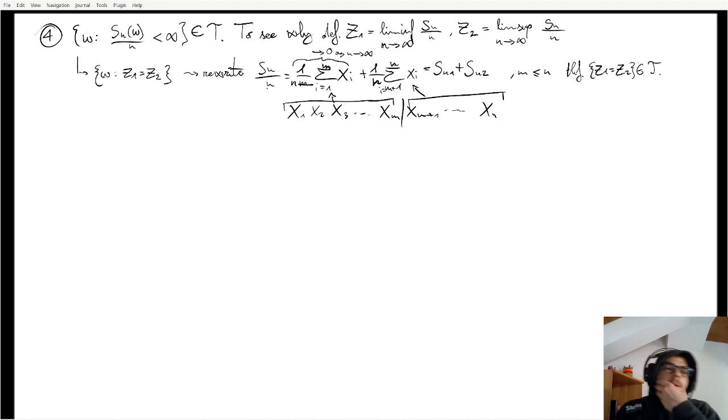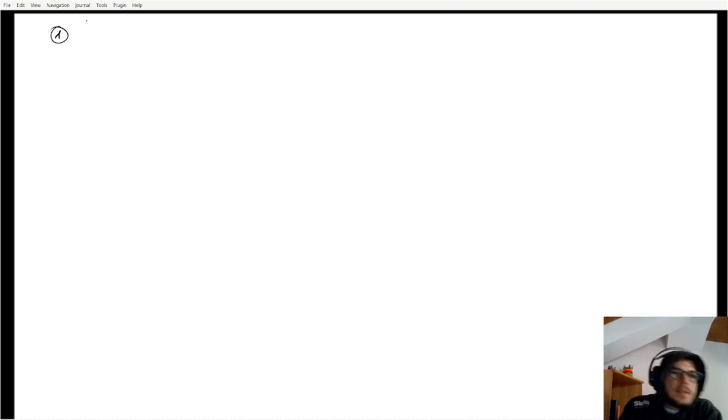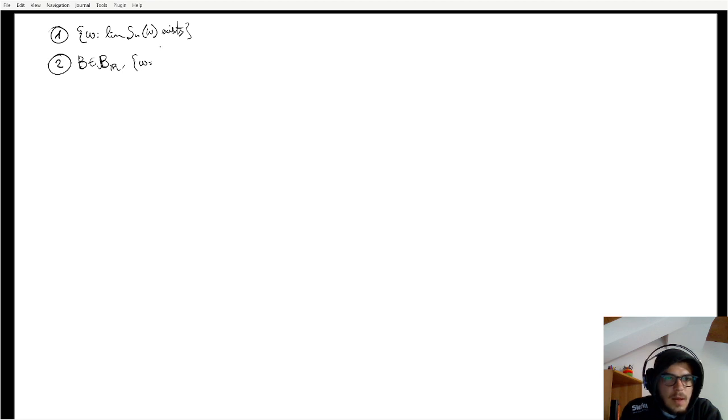Okay. Well, let's recap the 4 examples of events which are in the Tail sigma algebra. The first one is that the limit of Sn exists. The second one is that for B in the Borel sigma algebra, the outcomes such that xn of omega falls into B infinitely often.